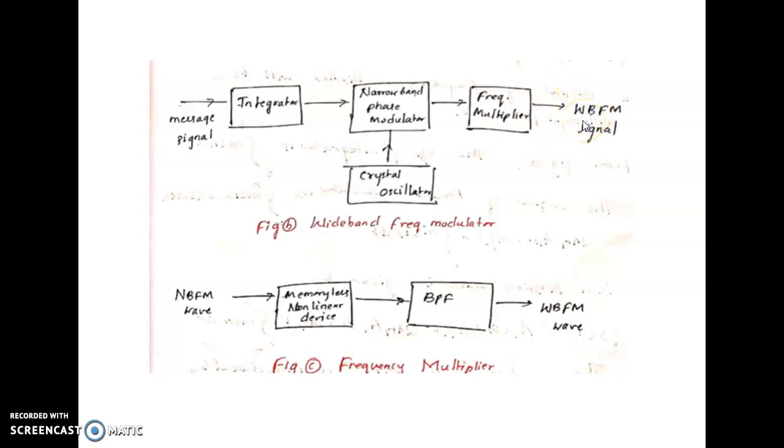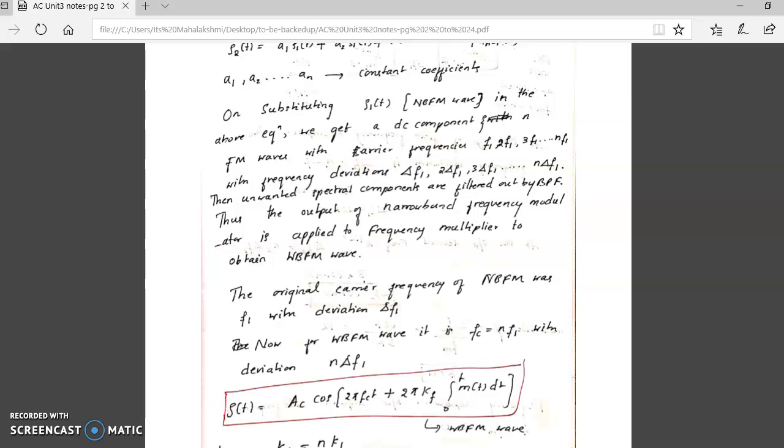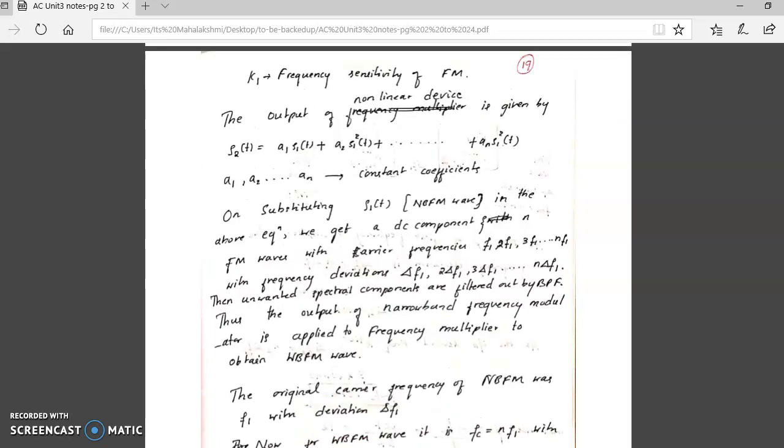To understand this mathematically, let us go back to the equation. Look at this. The output of the nonlinear device will be given by this equation. If S2 of t is the output of the nonlinear device and the input is S1 of t, then the output depends on the input in this fashion.